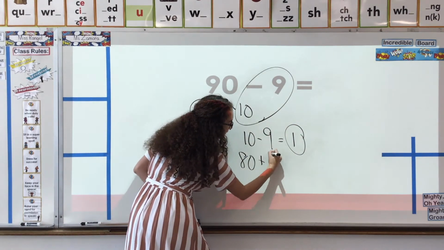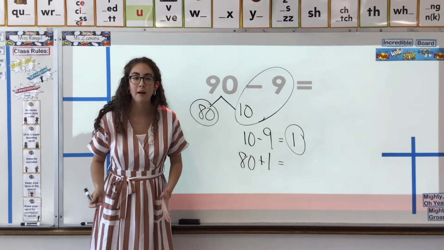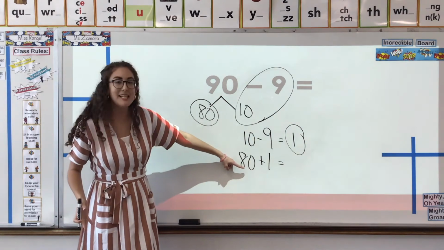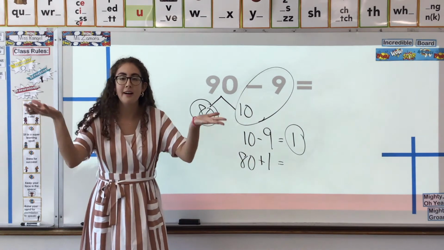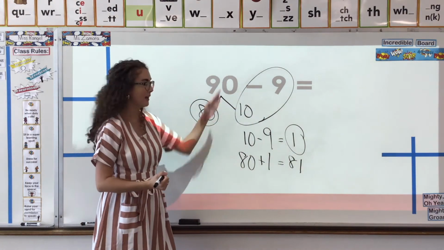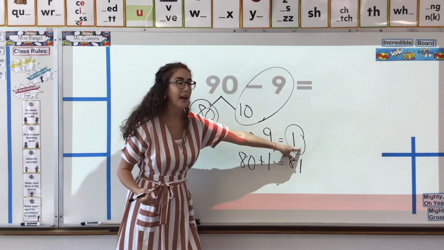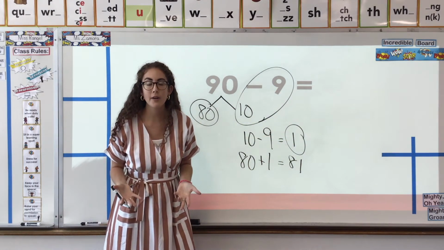Let's see. Can you add 80 plus 1? That's a 10 plus fact. So quickly, what's 80 plus 1? It is 81, exactly. We had our 10s and our 1s that when we combined together, we got our answer.